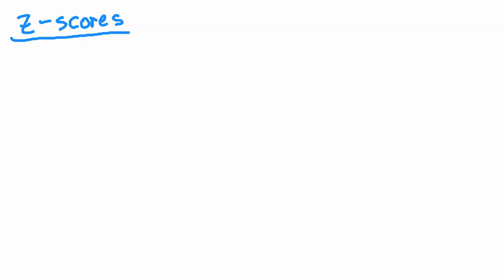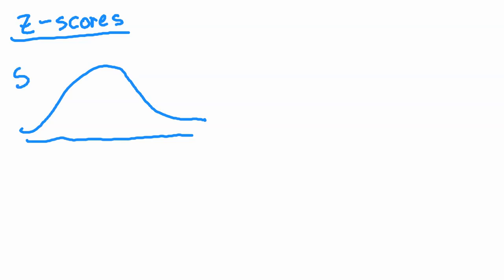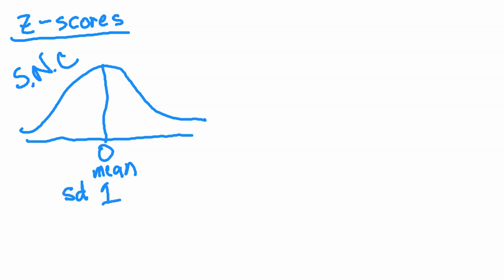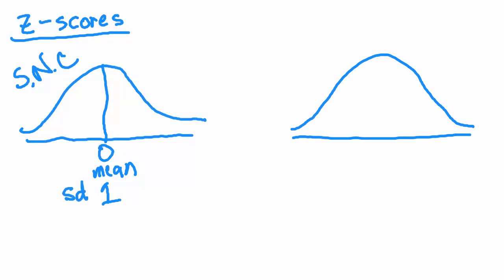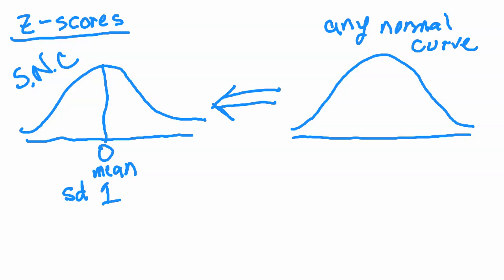Basically what a z-score does is it takes any normal curve back to the standard normal curve, the SNC, where the mean is 0 and the standard deviation is 1. So you could have any mean, any standard deviation, and it translates back to the standard normal curve.